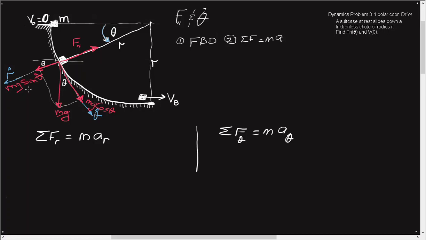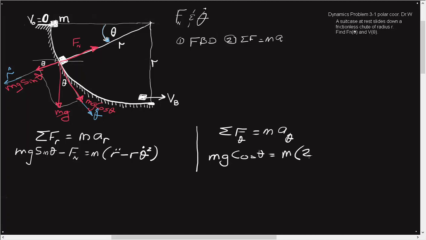So in the positive r direction, we have mg sine theta minus Fn equals m times r double dot minus r theta dot squared, which we got from our polar analysis. And then in the theta hat direction, in the positive theta, we have mg cos of theta, and that's equal to m times, and recall that this was 2 r dot theta dot plus r theta double dot.